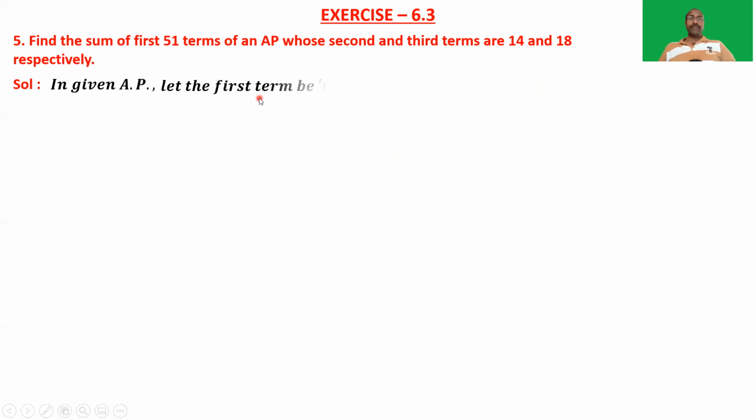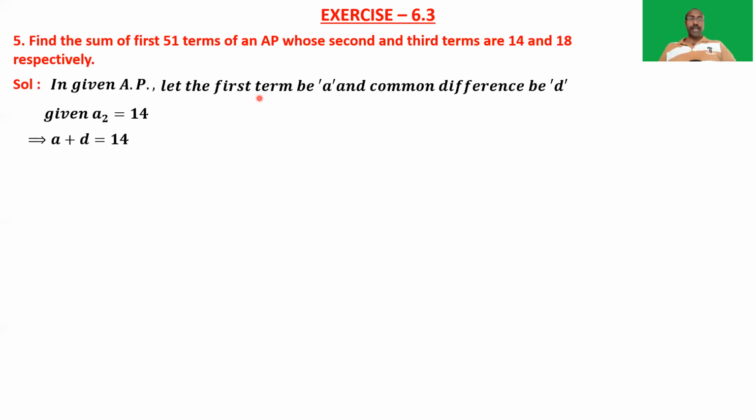So let the first term be a and common difference be d. And it's given that second term is 14. Okay, A2 equal to 14. And we know that A2 is equal to a plus d. So that a plus d equal to 14. And from this we can write a equal to 14 minus d and take it as equation 1.